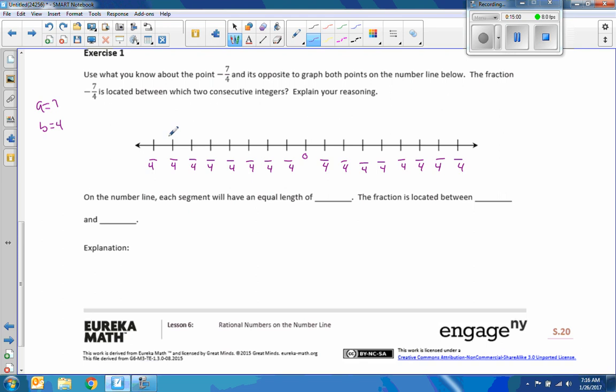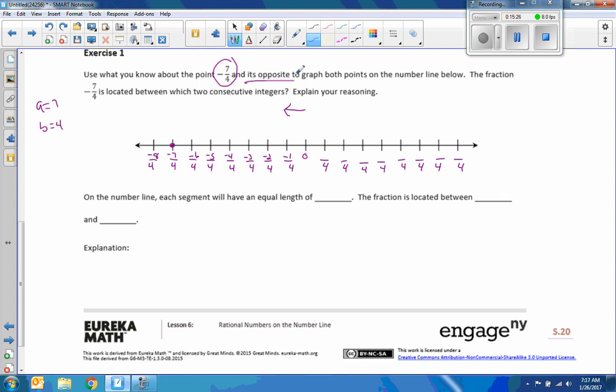Okay, so there's b. I want to graph negative 7/4. So we have to go to the left of 0. So here's negative 1, negative 2, negative 3, negative 4, negative 5, negative 6, negative 7, negative 8, graph negative 7/4.